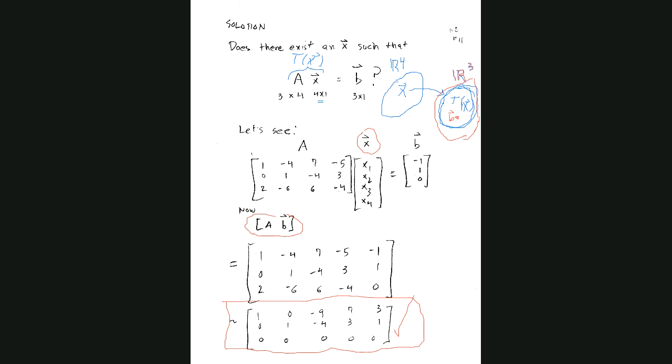So what do you think about our augmented matrix? Does our system have a solution? Yes, absolutely, Binyam, it does have a solution. And there are free variables, that's right, Matthew, but nevertheless we have a solution.